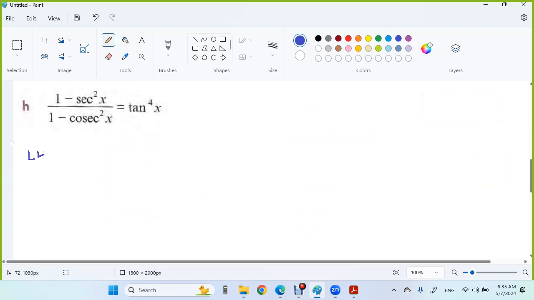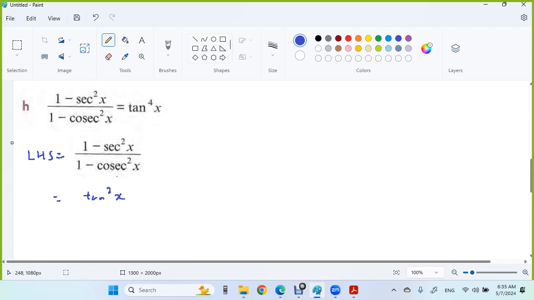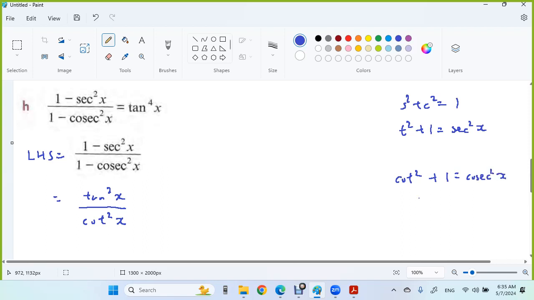So this one, the left hand side is this. So 1 minus secant square is the tangent square, and then this is the cotangent square. Okay, we know that sine square plus cos square equal to 1, and then tangent square plus 1 equal to secant square, and then cotangent square plus 1 equal to the cosecant square.